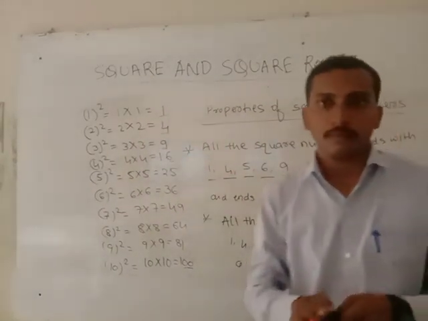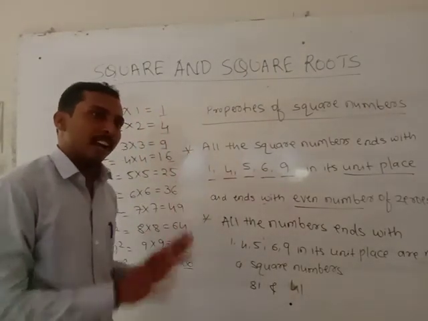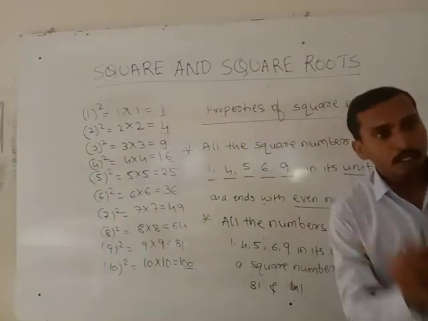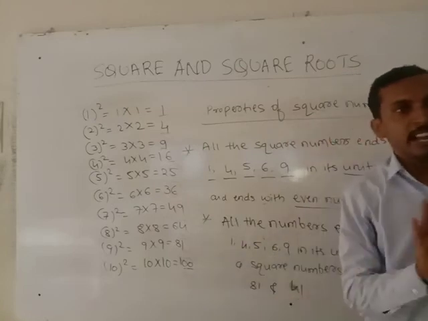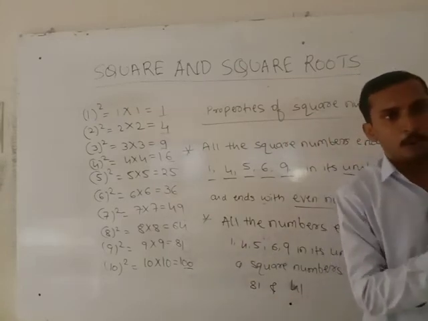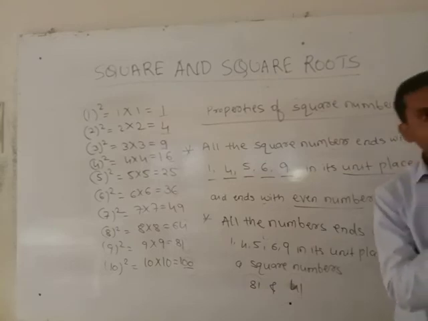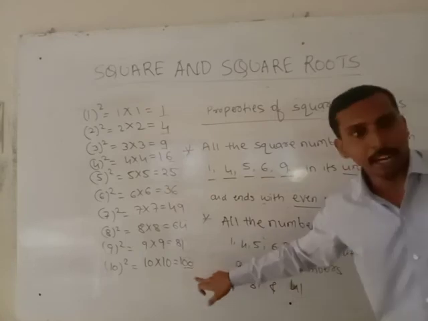Students, the topic or concept is very much easy. All the square numbers end with 1, 4, 5, 6 and 9 in the unit place, and end with an even number of zeros.